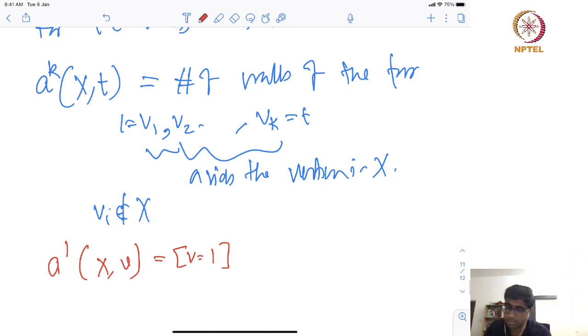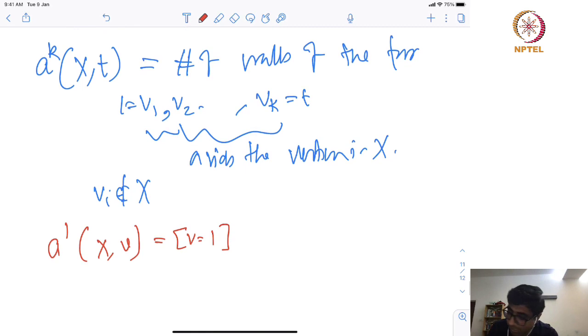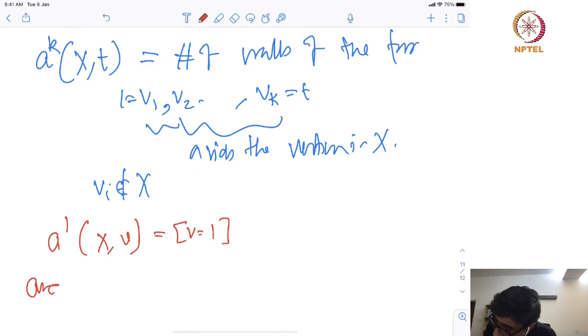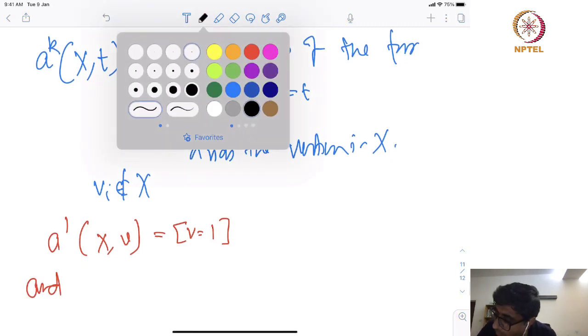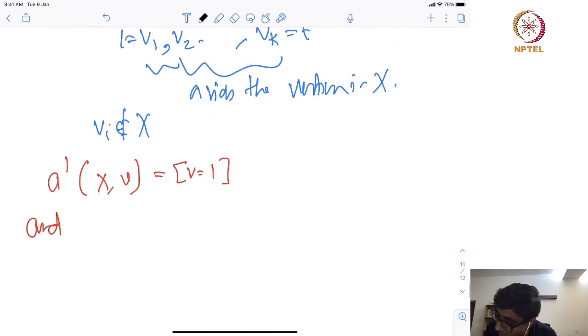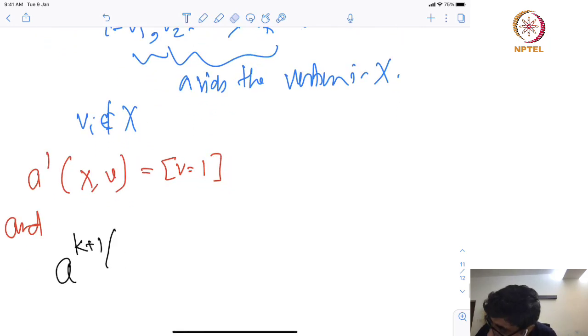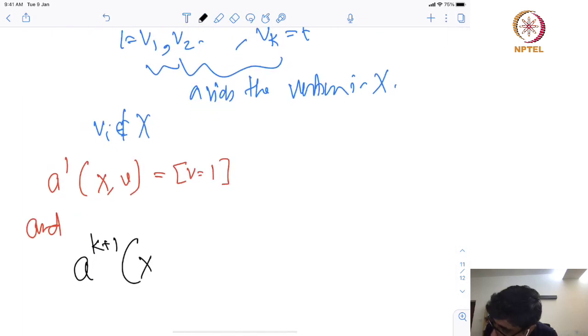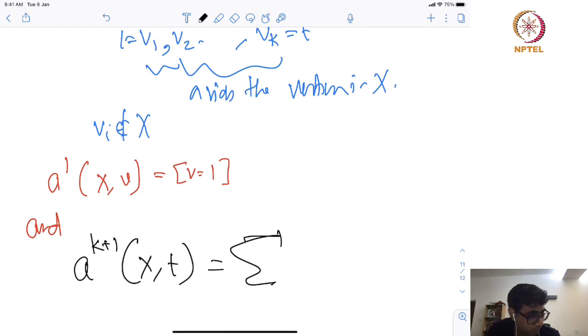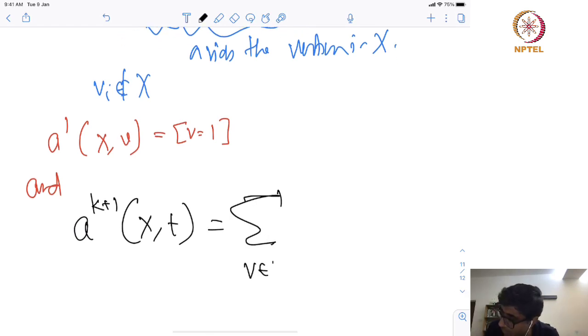So, basically, that is it. And suppose you have computed A_k(x, t), so you can compute A_(k+1)(x, t) as a summation over v in V of A_k.